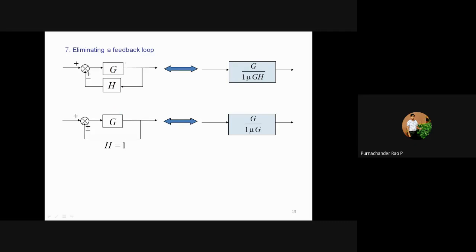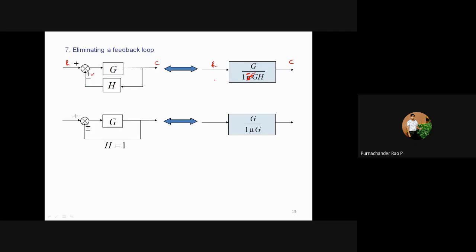So here if this is a plus or minus, okay, now this is going to be 1 minus, this is the minus or plus GH. Okay, so the signal is R, this is C. Again, you will convert this into G by 1 minus or plus. So if the feedback is plus, you're going to get it as a negative.